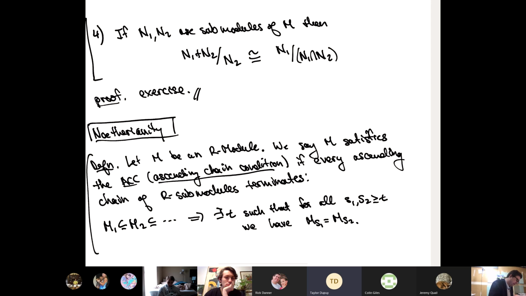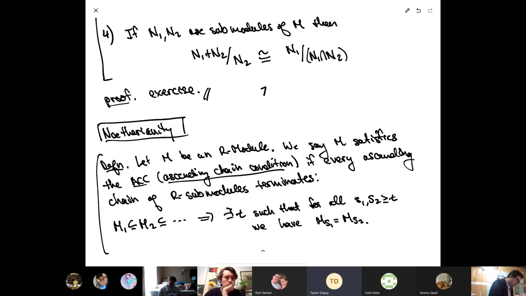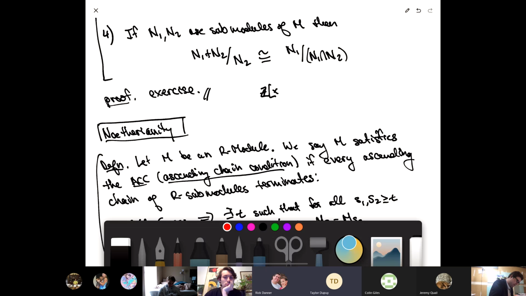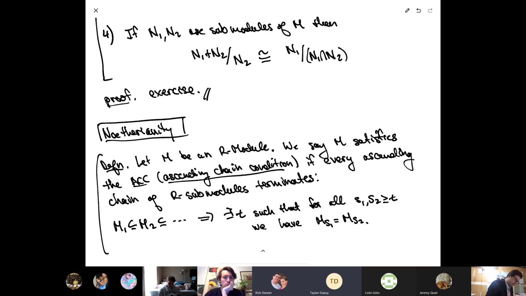M itself is not necessarily in the chain that he wrote down. Exactly. If M appears at a finite stage, then it's trivial, but it need not. But you wanted things that are proper submodules.